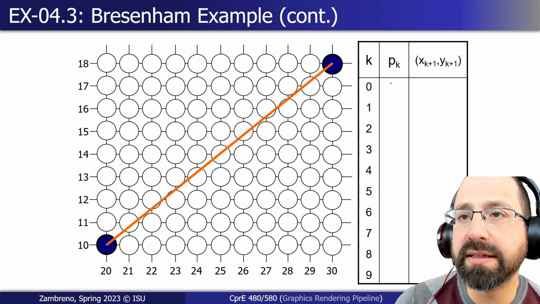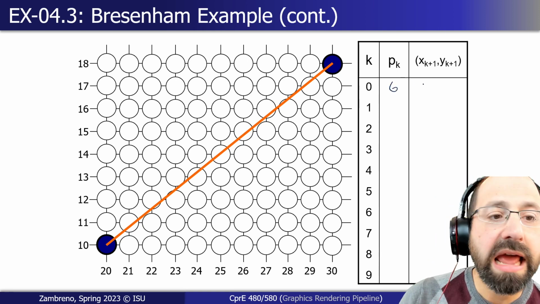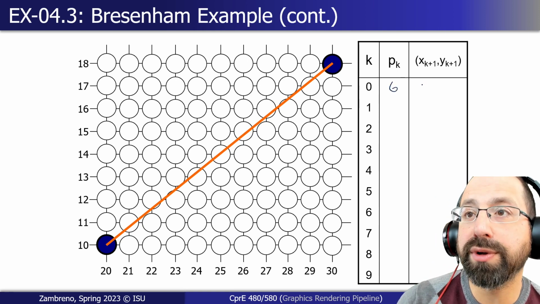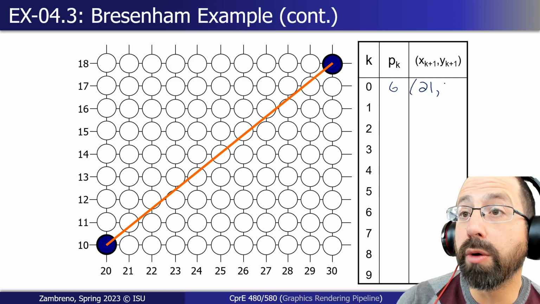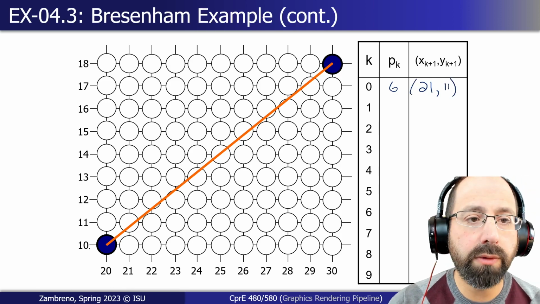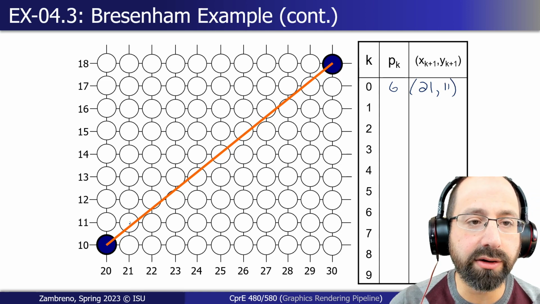That value is going to be 6. You might take my word for it. And then our next value for x of k plus 1, y of k plus 1 is going to be 21, because we're always going to be going up in the x dimension. And for y, we're going to be going up 1. We can fill in, although you can kind of see it here as well. This is my attempt to fill it in. We have our pixel for this one right here.